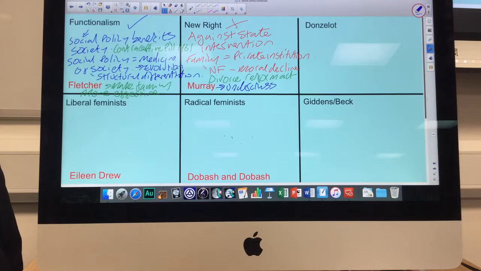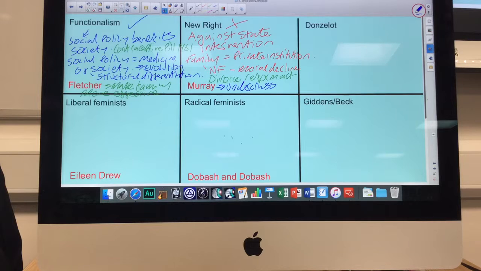So this is how it works. The New Right have a negative view of social policy because they are generally against state intervention altogether. They think the family is a private institution. And because of state involvement in the family over the years, the nuclear family has declined because of a moral decline in society. It's been replaced by all different types of family structures because of things like divorce.